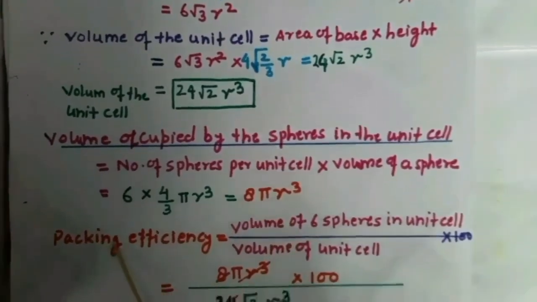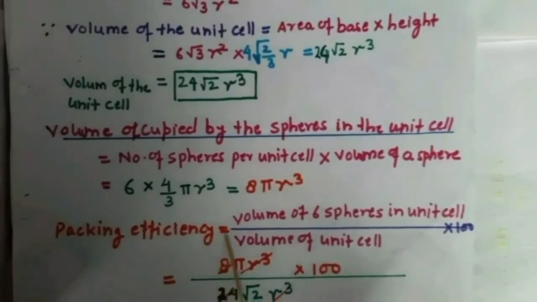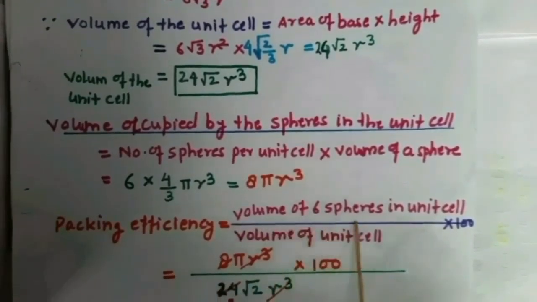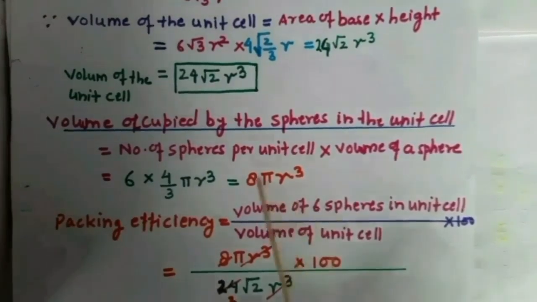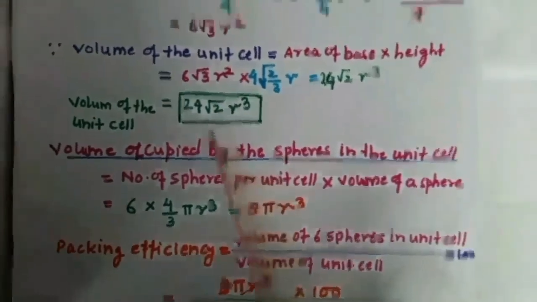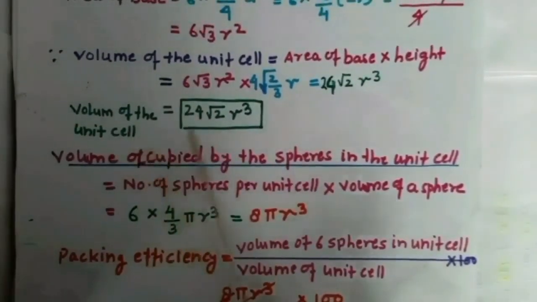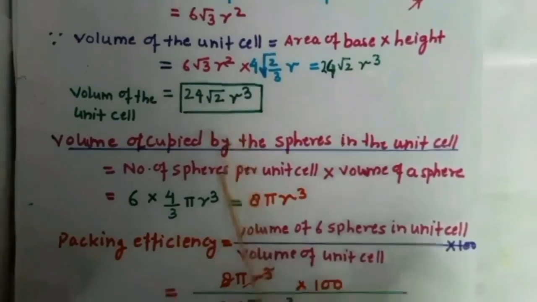Now let us find the packing efficiency. Packing efficiency is calculated as the volume occupied by the 6 spheres present in this unit cell divided by volume of the unit cell multiplied by 100. So the volume occupied by the 6 spheres present per unit cell is equal to 8 pi r cube, and we have calculated the volume of the unit cell as equal to 24 root 2 r cube.